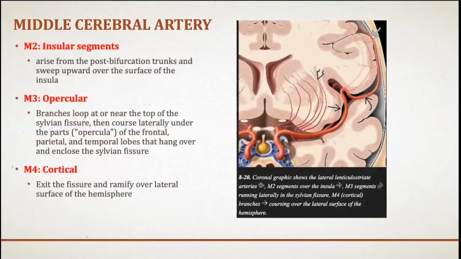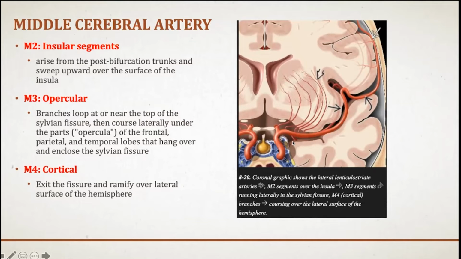You have the M2 insular segments, and these arise from the post-bifurcation trunk. So once the MCA bifurcates into the M2, you see the insular segments. The opercular segments are the branches that loop at or near the top of the sylvian fissure, and then they course laterally under the parts of the opercula, or the overhang of the frontal lobe. So these would be the M3 or the opercular branches.